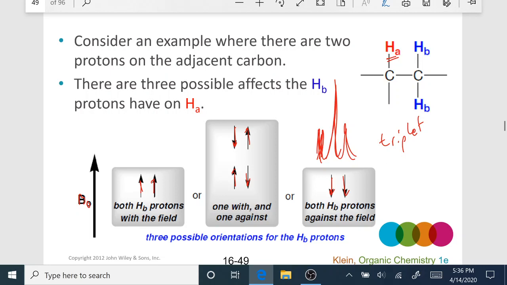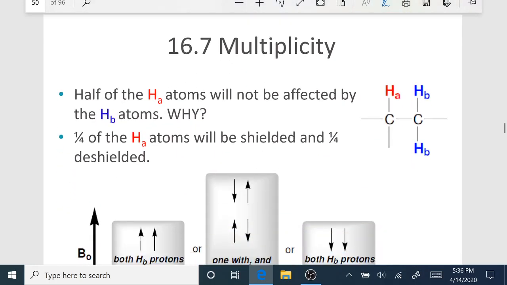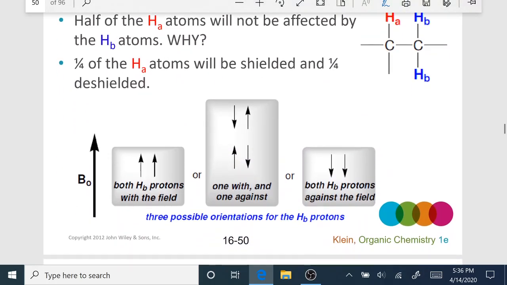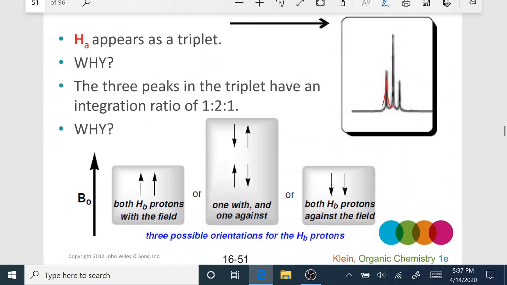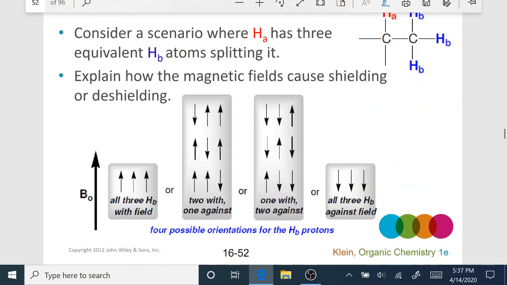The number of neighbors plus 1 is the number of signals we're going to have for that hydrogen. So it doesn't matter how many hydrogens are associated with the carbon as far as the splitting pattern. It matters how many neighboring hydrogens that carbon has. Okay? So we're going to see a triplet in a 1:2:1 ratio.